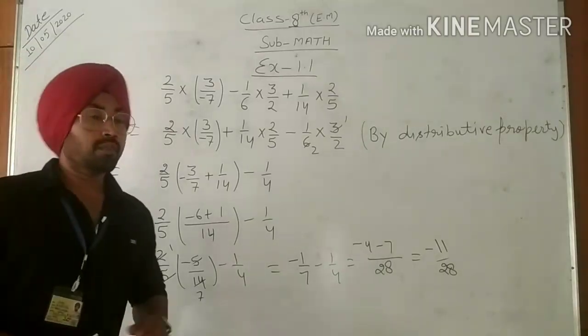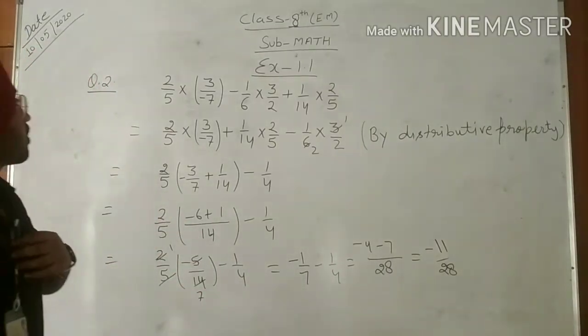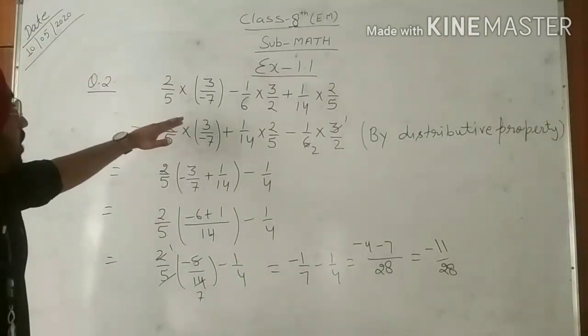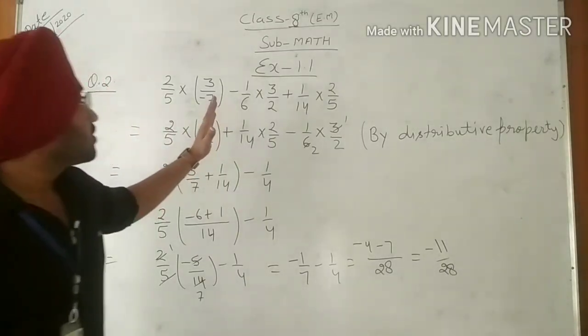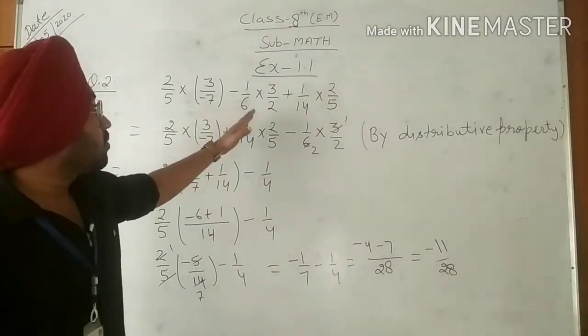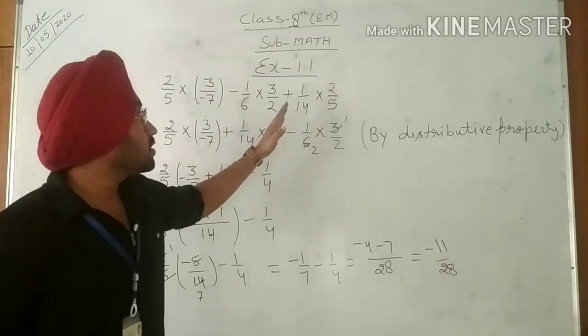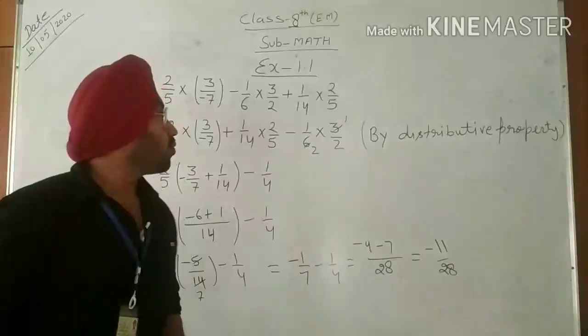So guys, question number 2 is 2 upon 5 multiplied by 3 upon 7, subtract 1 upon 6 multiplied by 3 upon 2 plus 1 upon 14 multiplied by 2 upon 5.